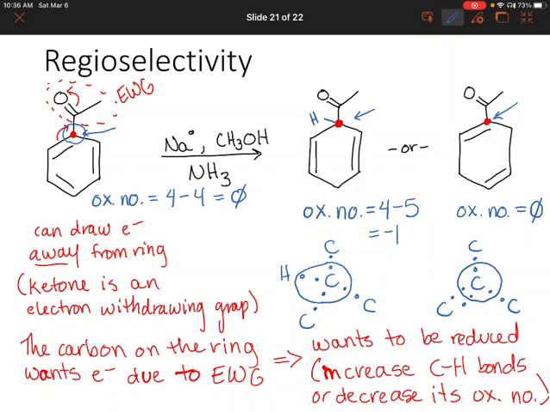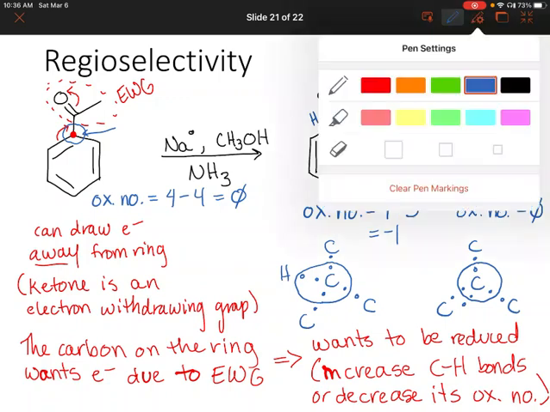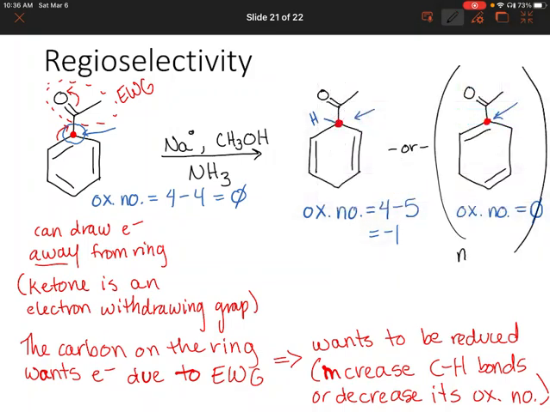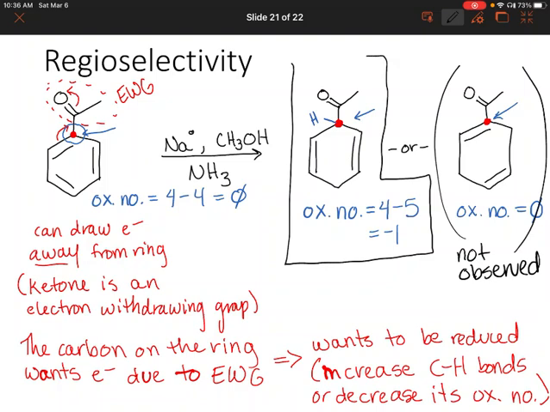So in the second product, we have not increased the number of carbon-hydrogen bonds, and we have not decreased the oxidation number. So that second product is actually not observed, and it won't form. The other product, however, is going to be our only product there.